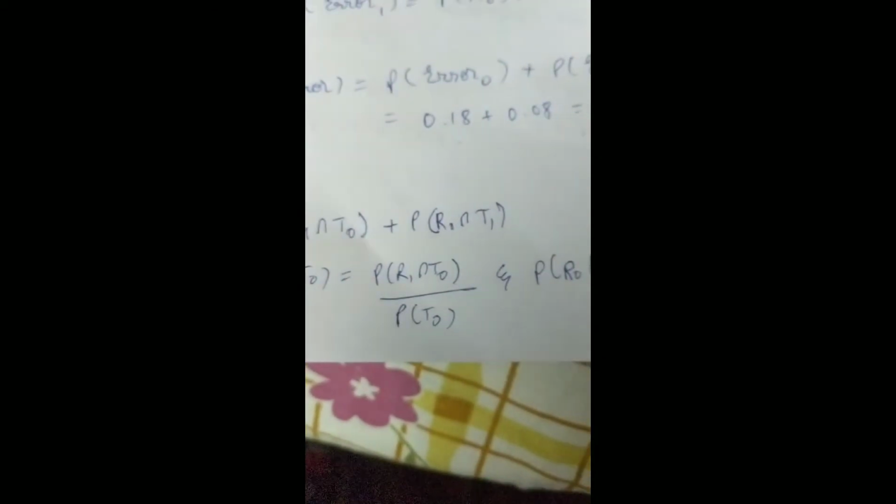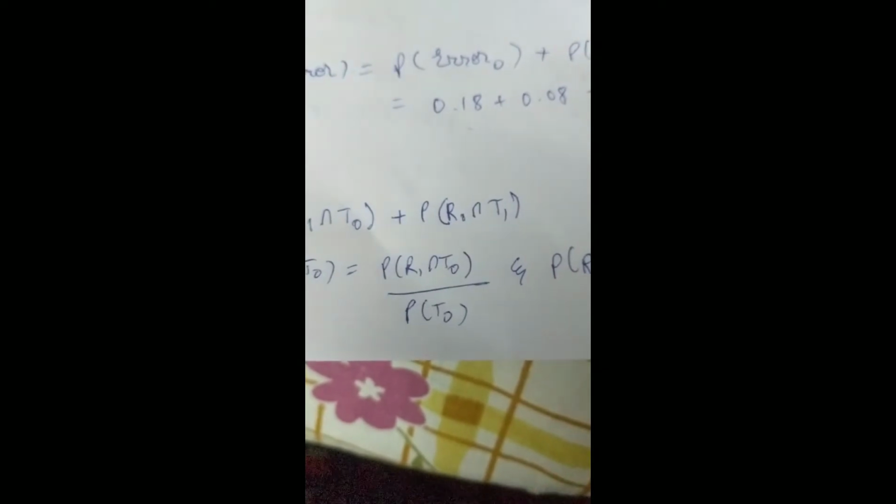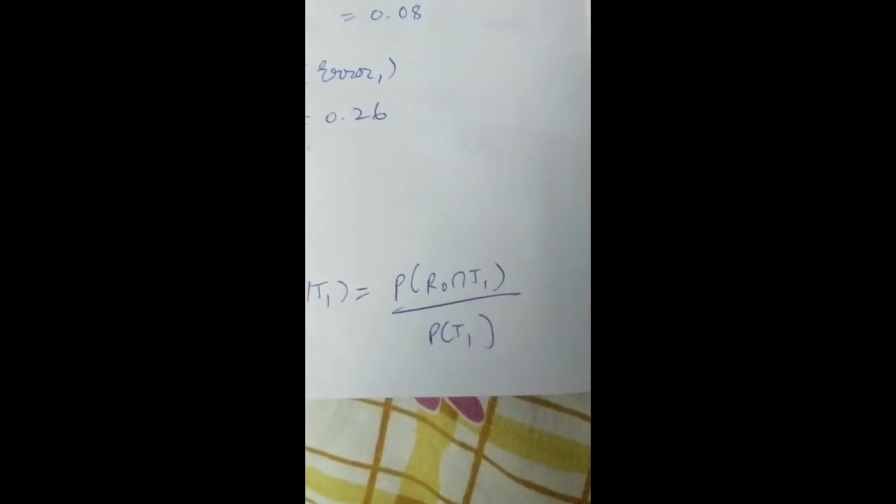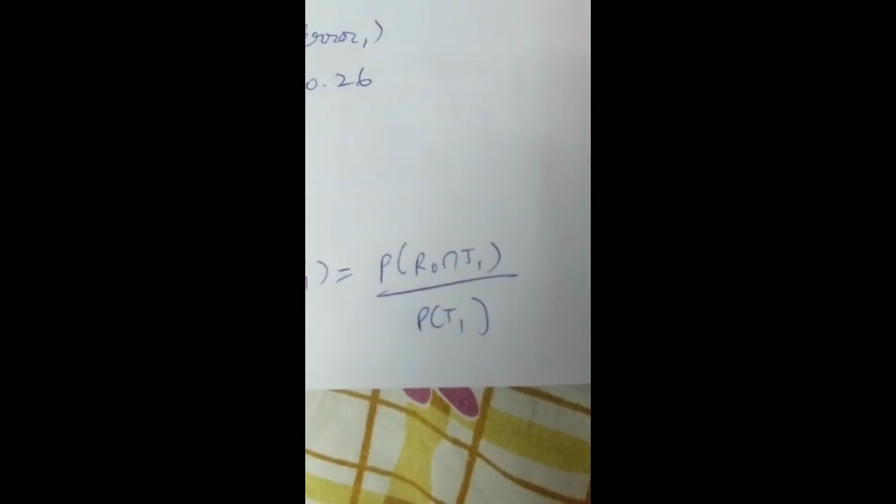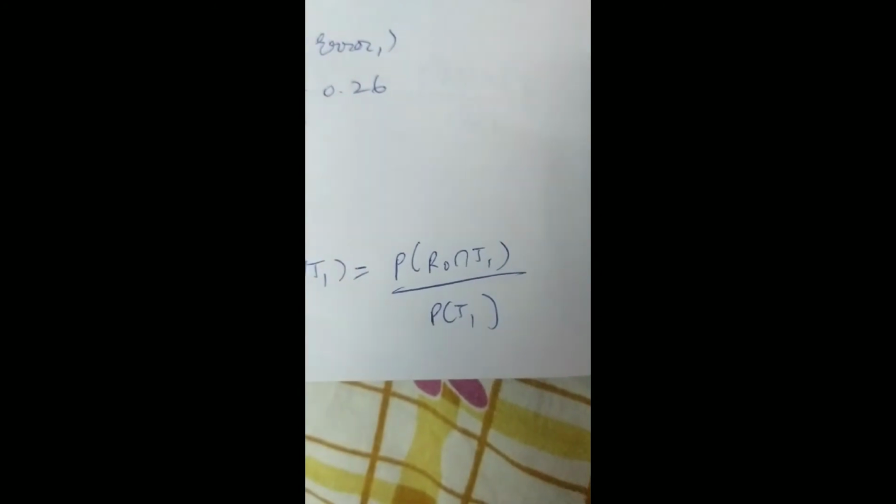We know that from conditional probability P of R1 given T0 is equal to P of R1 intersection T0 divided by P of T0, and P of R0 given T1 is equal to P of R0 intersection T1 divided by P of T1.